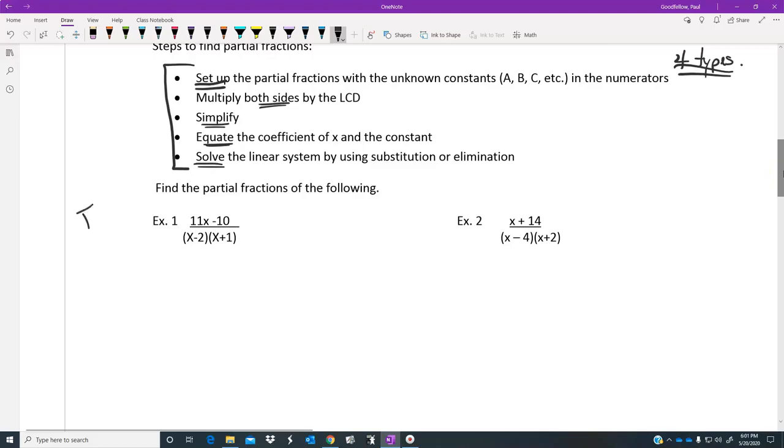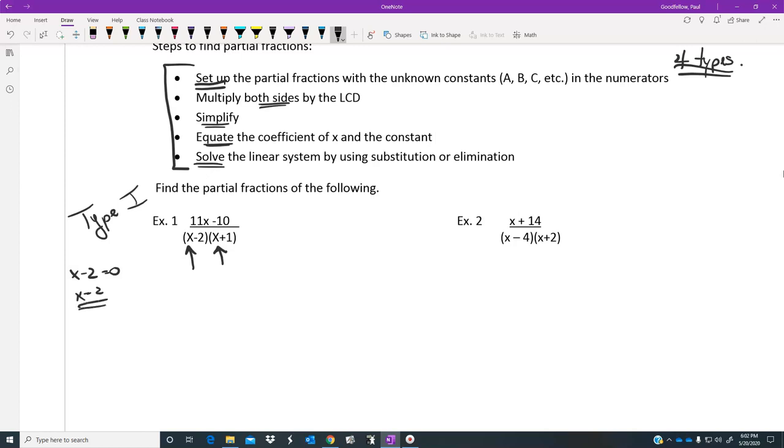Now, type 1 partial fraction decompositions are going to be relatively easy to identify by the fact that we're going to be looking at some denominators here that will constitute what I would call real answers. I mean, they are real rooted answers. If I set x minus 2 equal to 0, I get x equals 2.